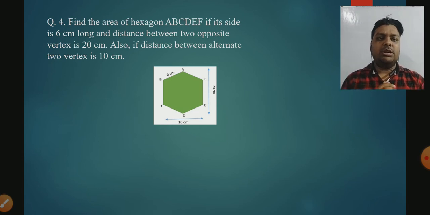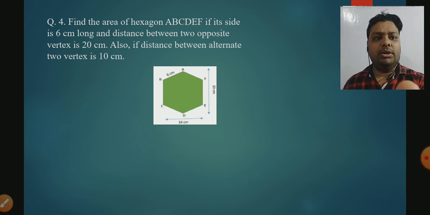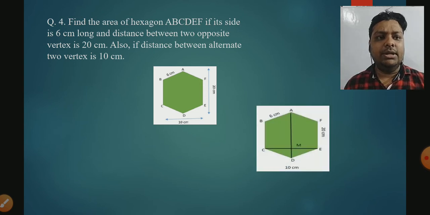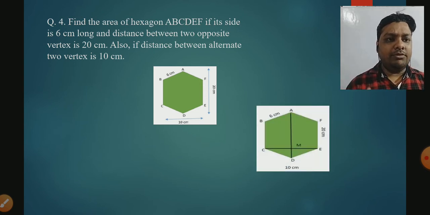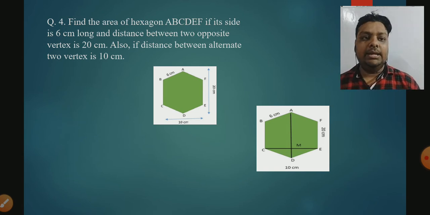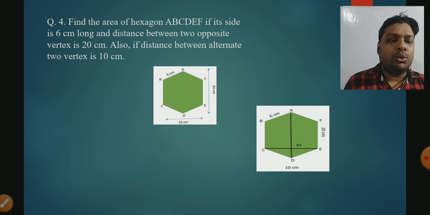We will do some construction in this question. Here you can see that I have joined A to D and C to E, and both lines are perpendicular to each other. It means AD divides this hexagon into two equal parts.